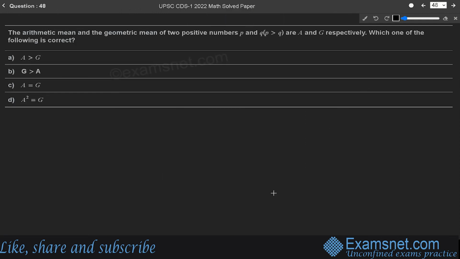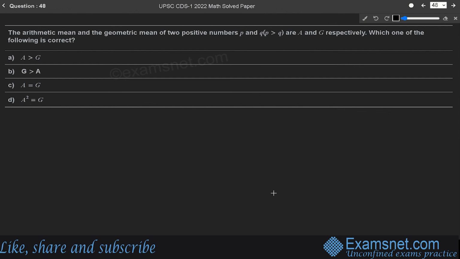Next question is, the arithmetic mean and geometric mean of two positive numbers p and q, where p is greater than q, are a and g respectively. Which one of the following is correct? It is a question from arithmetic progression and geometric progression.